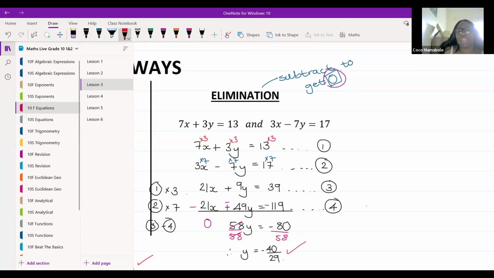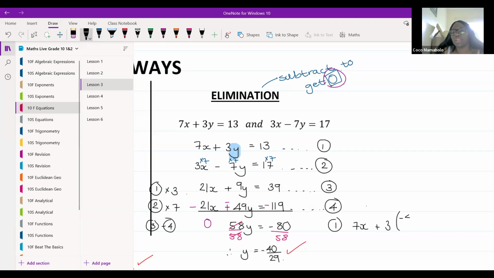And we can go back into either one of those equations, either equation 1 or equation 2, and solve for x. All right, I'm going to sub back into equation 1. So I'm going to get 7x plus 3 times y, and I'm going to replace y with negative 40 over 29.